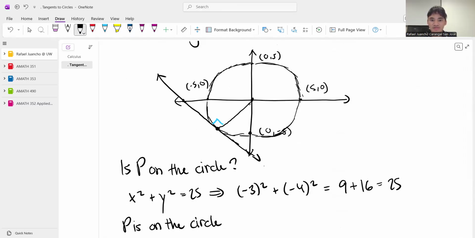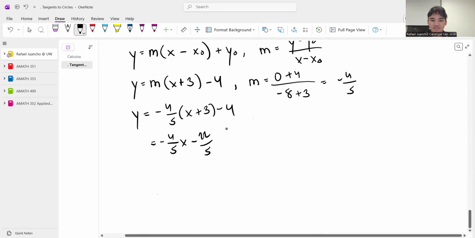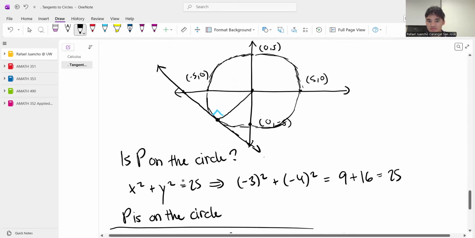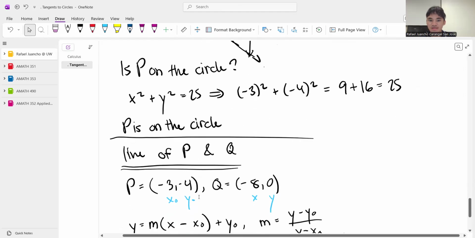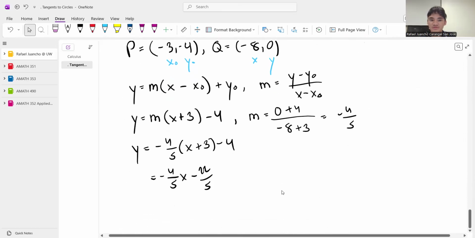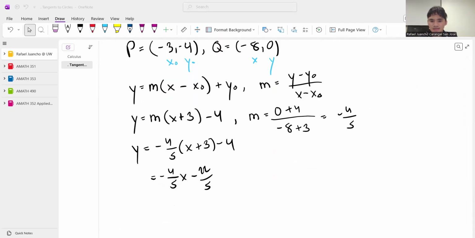So this line right here is actually just y equals the negative reciprocal of -5 over 4, which is what? Oh, wait a minute. I'm missing something though.